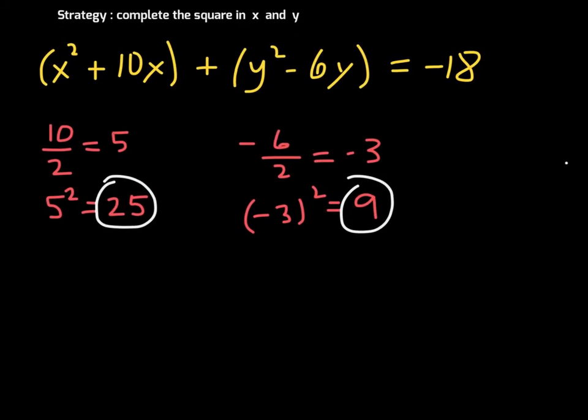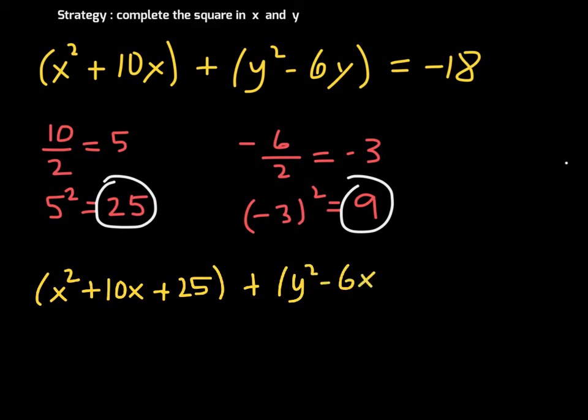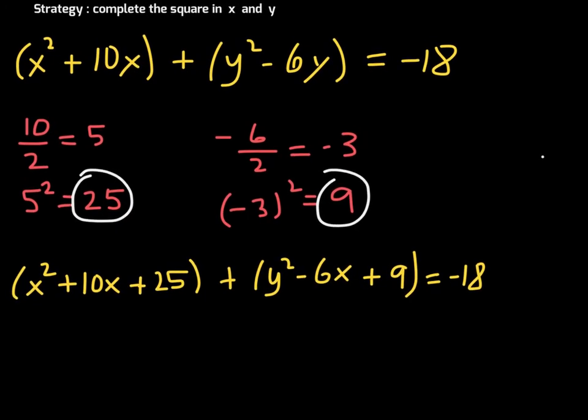So then you would have something like this. You would have x squared plus 10x plus 25 plus y squared minus 6y plus 9 is equal to negative 18. Now, this is really important. If you added 25 and 9 to the left-hand side of this equation, then you have to add 25 and 9 to the right in order to keep things equal.